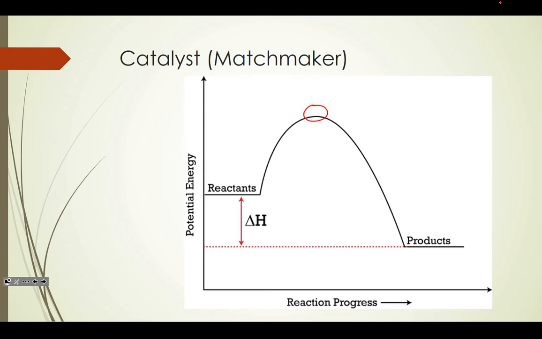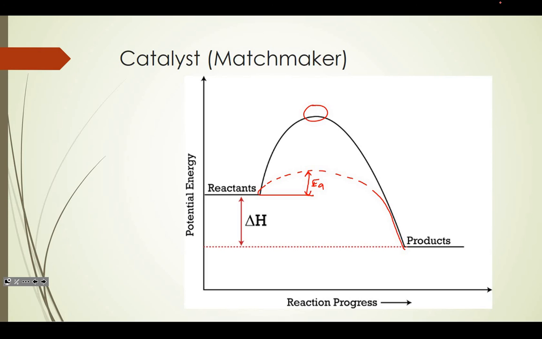When a catalyst, or matchmaker, comes, they get the two things together. So instead of going on all these thousands of dates, they say, oh, you and you're a match, and you go together. Done. So they lower this activation energy, but end up with the same product. So when I have a catalyst, that catalyst does lower the activation energy, and the activation energy with the catalyst becomes a lot smaller than the activation energy without a catalyst.